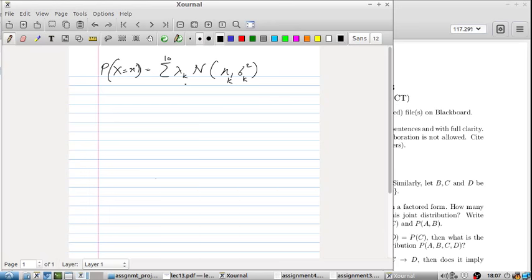There's this normal function, which is basically 1 over square root 2 pi sigma k times e to the power minus (x minus mu k) squared divided by 2 sigma k squared. So you have a sum of k such functions, 10 such functions. Finally p of x has some form, which is just a sum of a bunch of exponential terms, that's all.